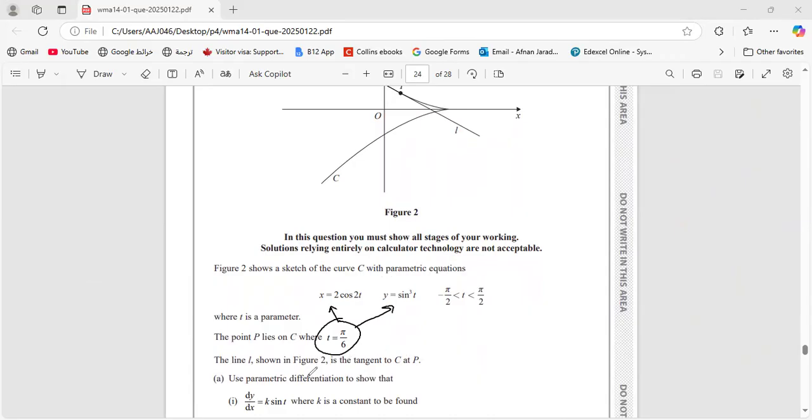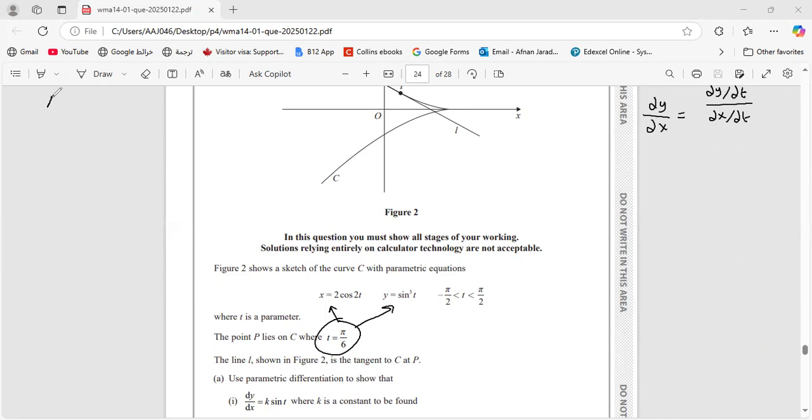Use parametric differentiation to show that dy over dx equals to this one. In parametric equations, to find dy over dx, you need to find dy over dt, then divide it by dx over dt. How can I find dy over dt and dx over dt?